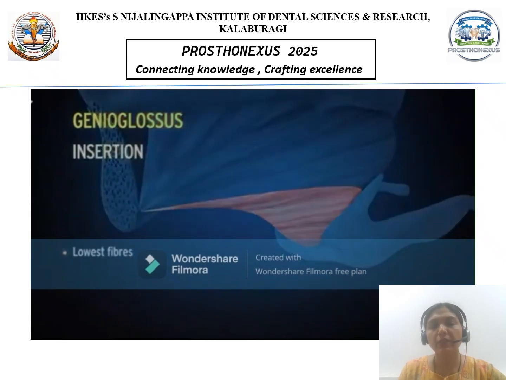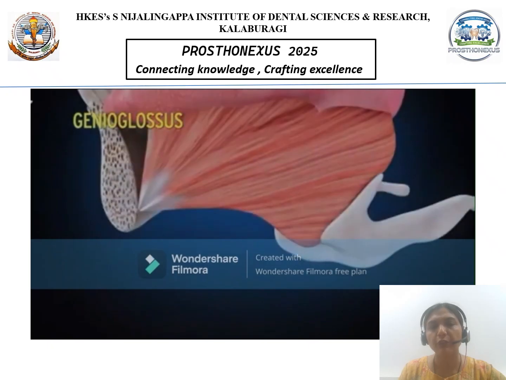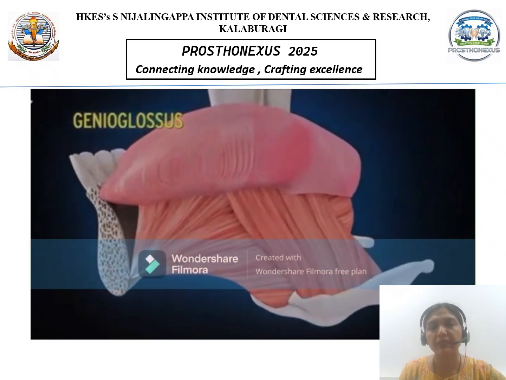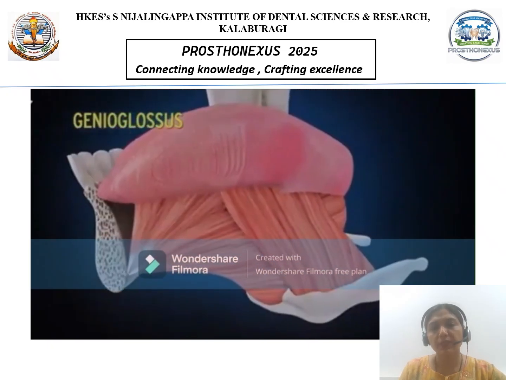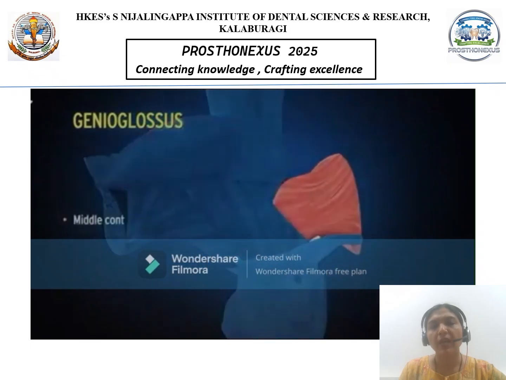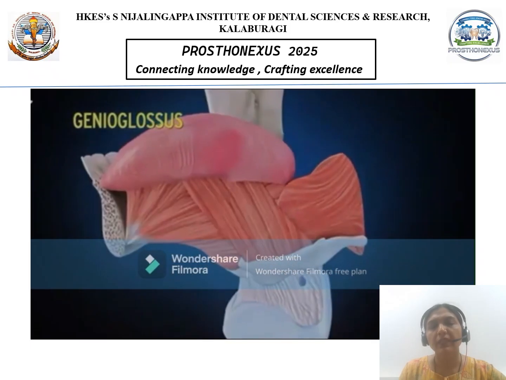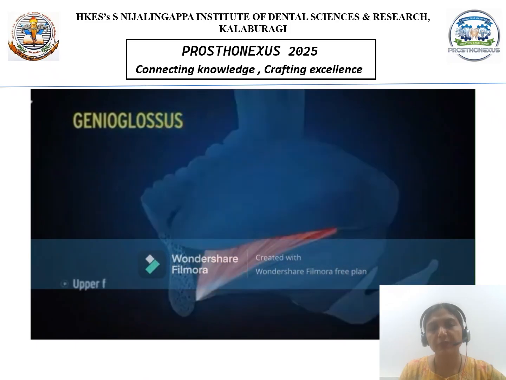There are three types of fibers present. The lower fibers are inserted into the hyoid bone, the intermediate fibers are inserted onto the surface of the dorsum of the tongue, and the upper fibers are inserted onto the lateral surface of the tongue.